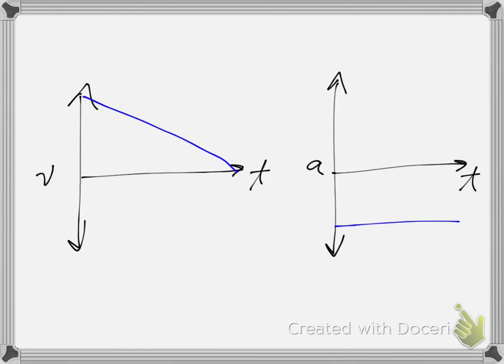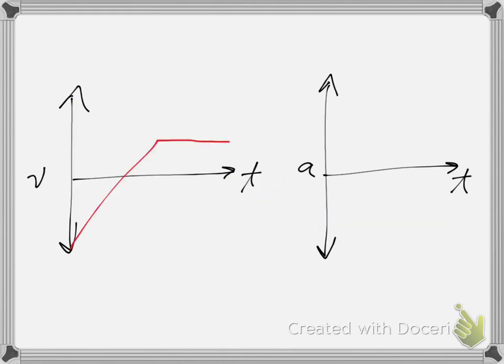And then if I gave you numbers that allowed you to determine that the slope of that velocity versus time graph was -2, we would know that that constant acceleration value was -2, right? So because acceleration is the slope of the velocity versus time graph, a constant negative slope on the velocity means a constant negative acceleration.